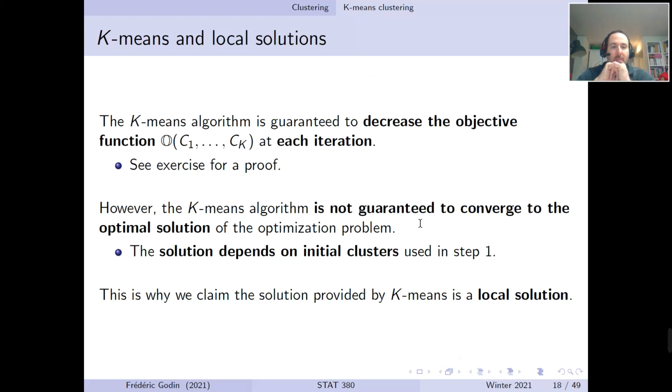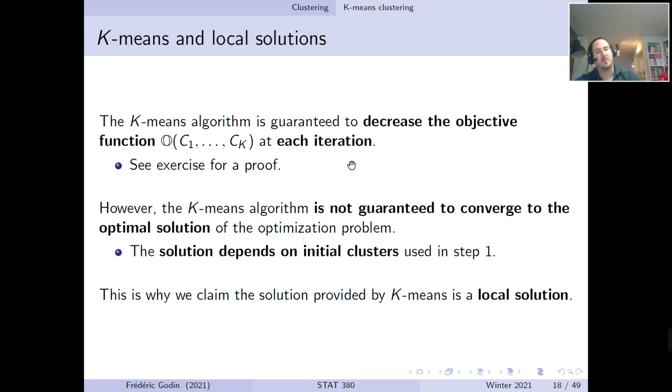So what about theoretical properties of the K-means algorithm? It can be shown that the K-means algorithm is guaranteed to decrease the objective function at each iteration. So it's impossible that you do an iteration where you recompute centroids and reassign observations to clusters, and this would increase the objective function.